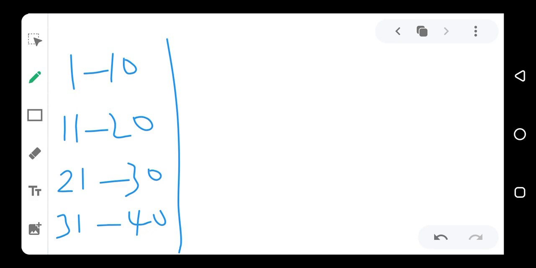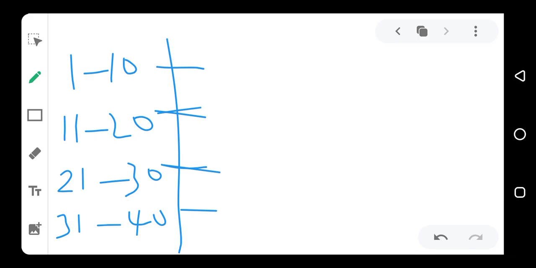The class interval for this group is 4 because the group is grouped into 4. 1, 2, 3, 4. So that is the class interval if we are asked to find the class interval for this group.